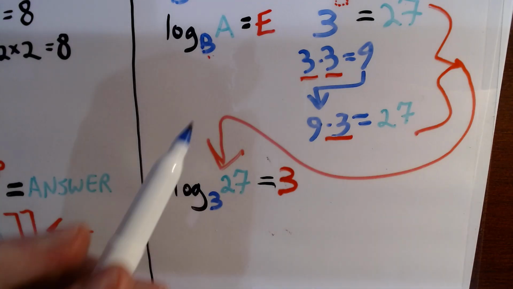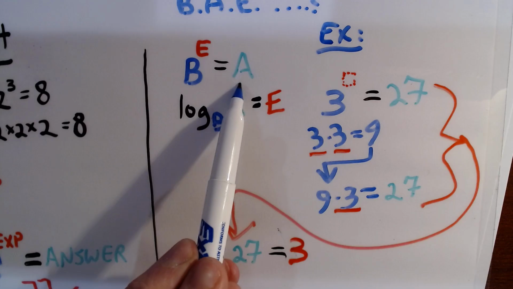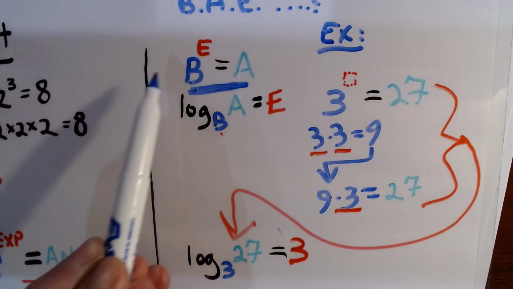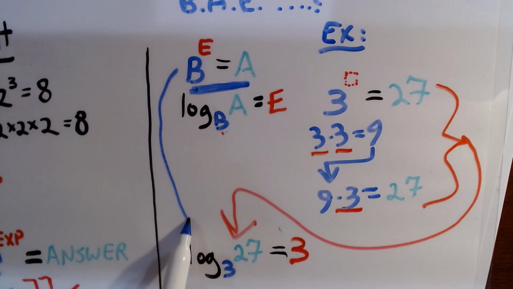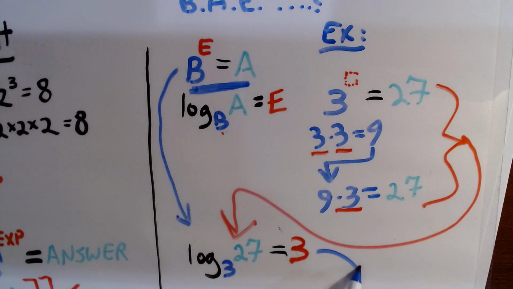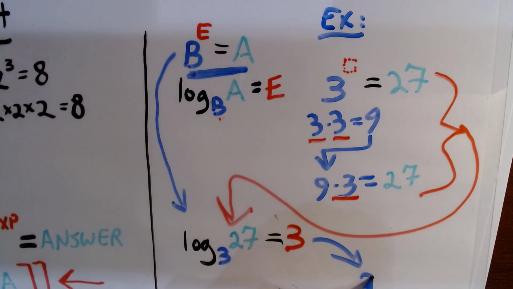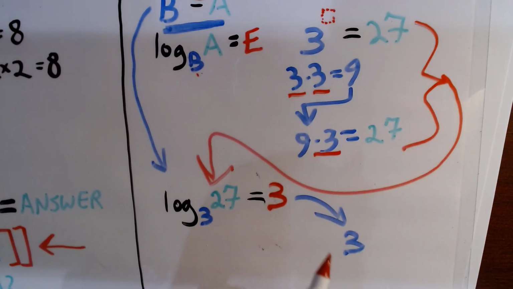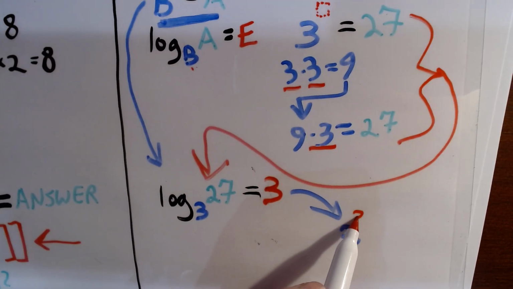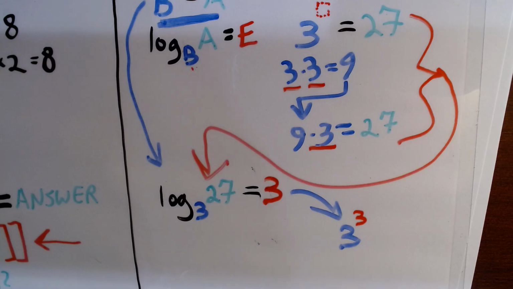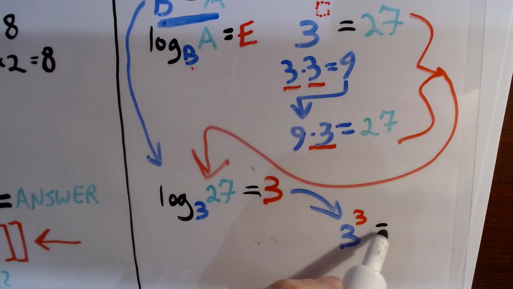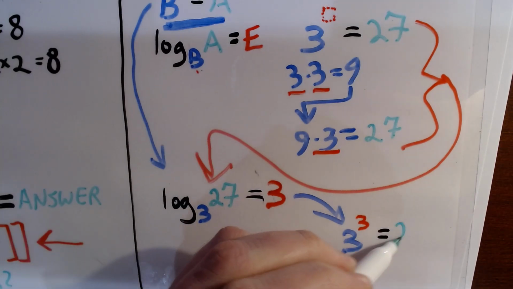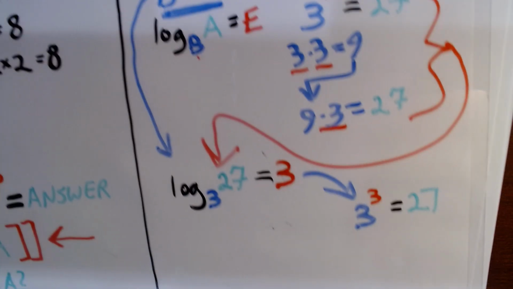So if we were to write this in our traditional language, in exponent language, then do this backwards, we would see 3, that's our working number, our base, to the power of 3, which equals your answer.